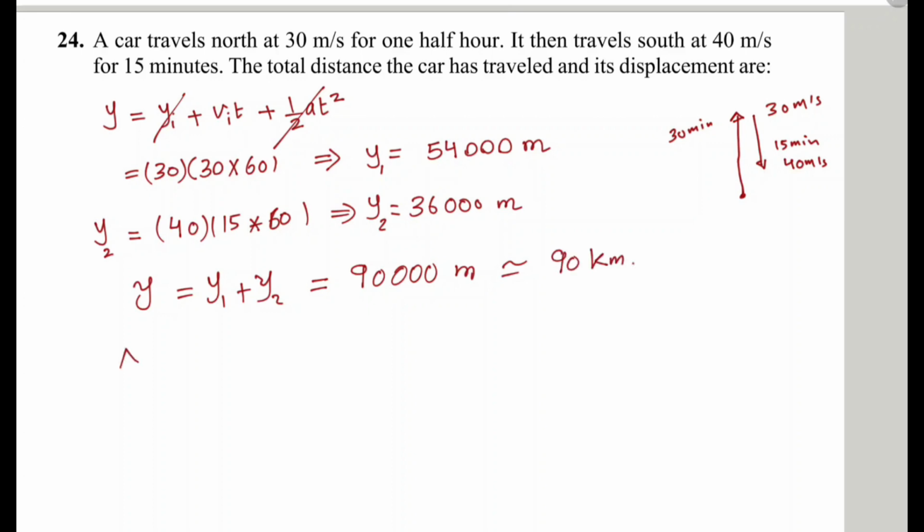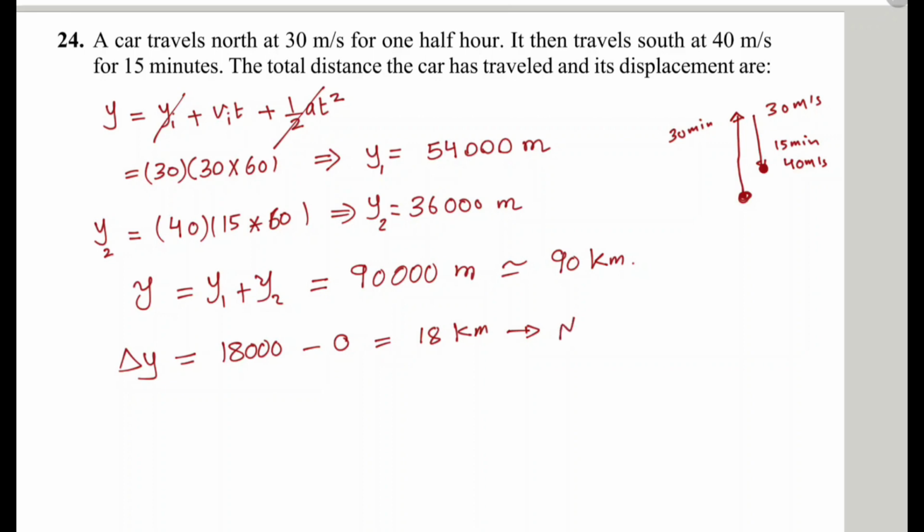Now delta y in this case equals 18,000 minus 0, because it moves here 54, then back 36. So this is the new position here, it's 18,000, and the initial position here is equal to 0. So 18,000 minus 0, so it's equal to 18 kilometers, and directed north.